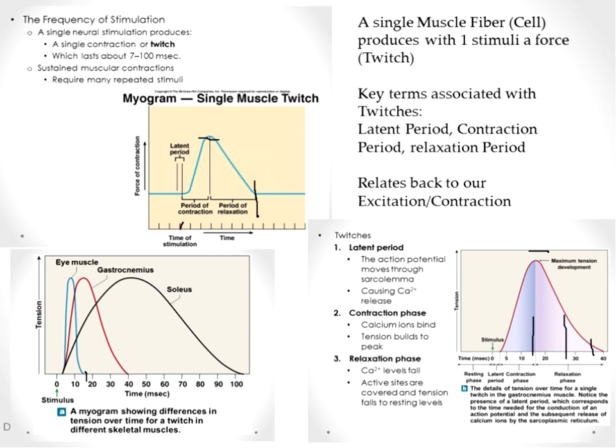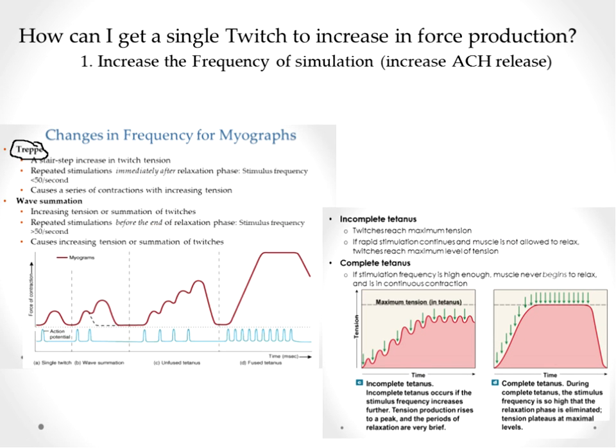So I am going to ask the eye muscle to contract every 13 milliseconds. At the second it's finished all of its relaxation and it's back to its steady state, it's contracting again. And what will happen is the eye muscle will increase a little bit every time it's asked to contract. Okay? And that is called treppe.